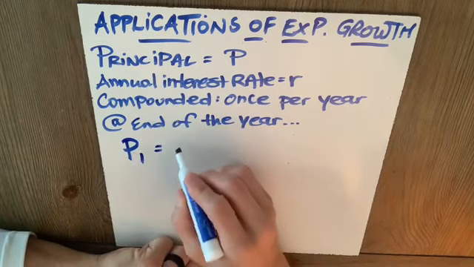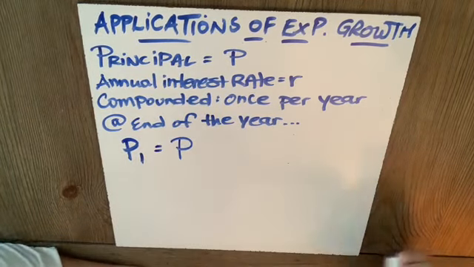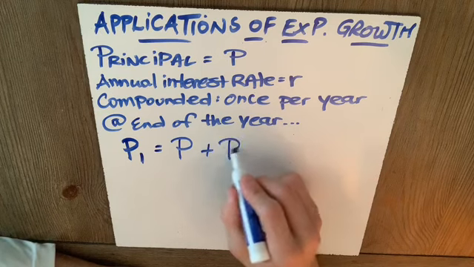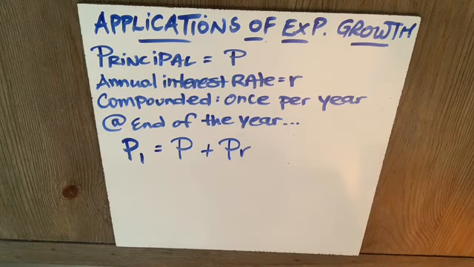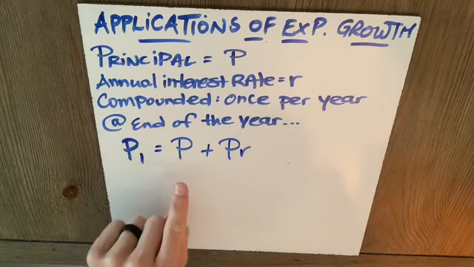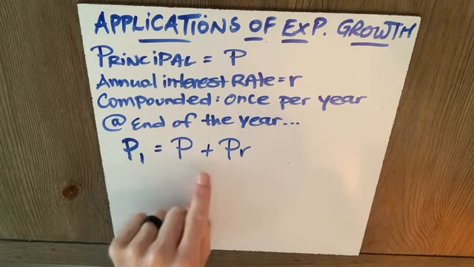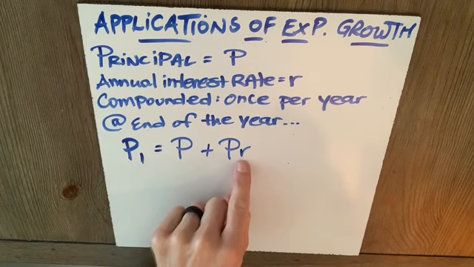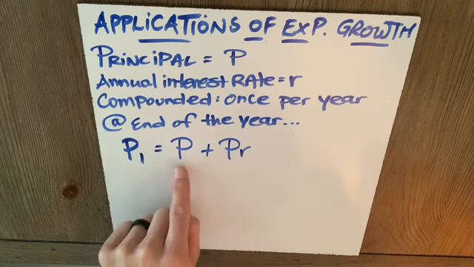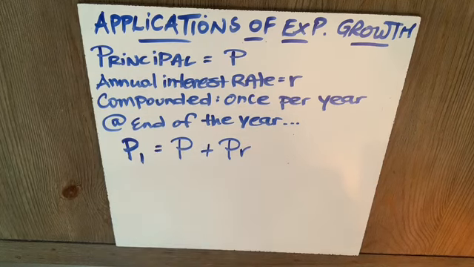You're going to get the principal you put in plus the principal times the interest rate. So again, if our example was a very simple 100 plus 100 times 5%, well, 5% of 100 is 5, so that'd be 100 plus 5 is 105.